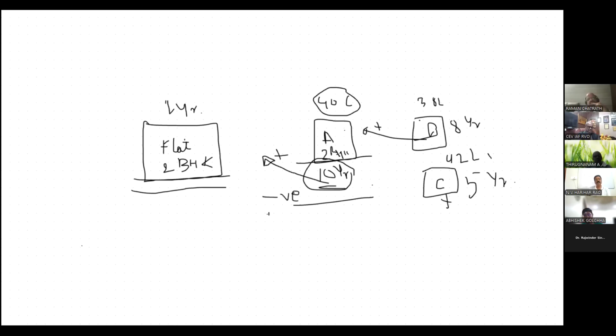Our aim is to bring them at the same level, having similar conditions, location-wise, age-wise, specification-wise, or other things we choose as comparables. First thing, it should be clear how the positive or negative weightage is given. Clear? Any doubt?